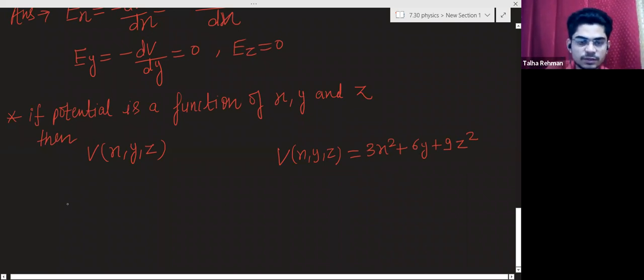Because this equation contains the function of potential in the form of x, y, and z. So for this, if we want to calculate the electric field in x direction, then we will do partial differentiation of potential with respect to x.